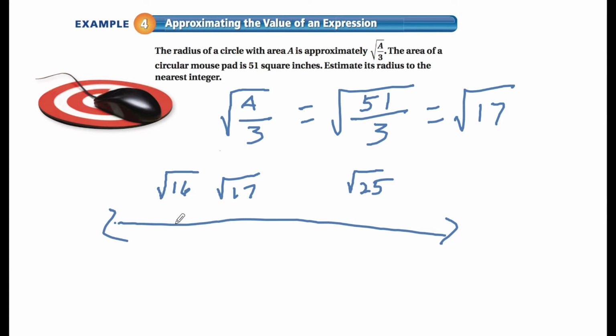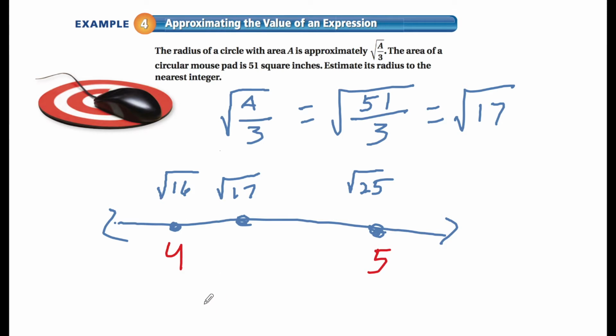So the square root of 16 is 4. We don't know the square root of 17, and the square root of 25 is 5. So we're going to say the square root of 17 is closer to the square root of 16.